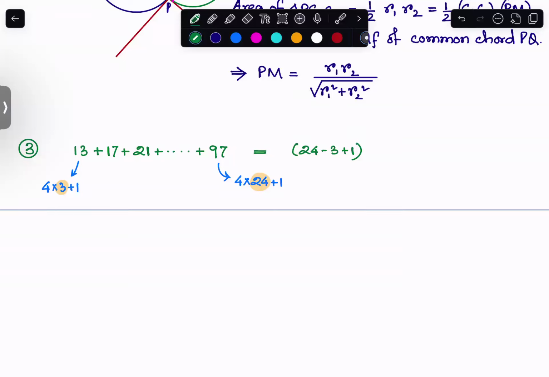So you can make it a pattern as 24, the last multiple, minus 3, the first multiple of this consideration, plus 1, because actually we were supposed to subtract 1 less. That's the number of terms. Multiplied with, you can go by the average of the first and last term.